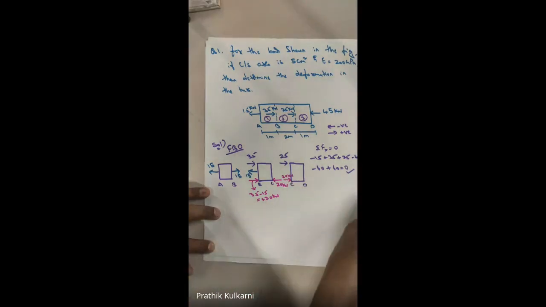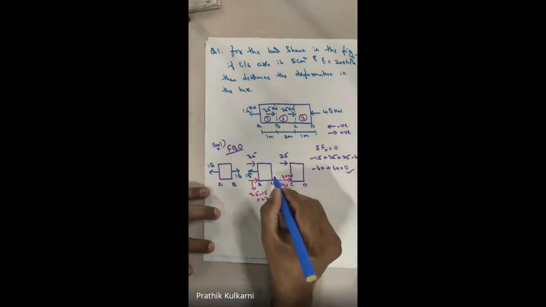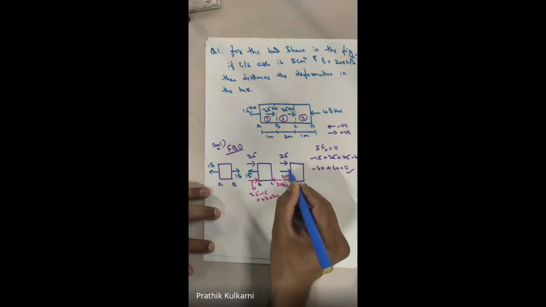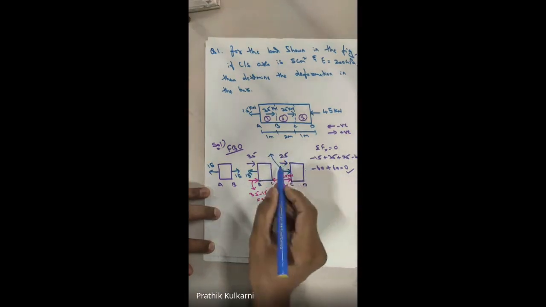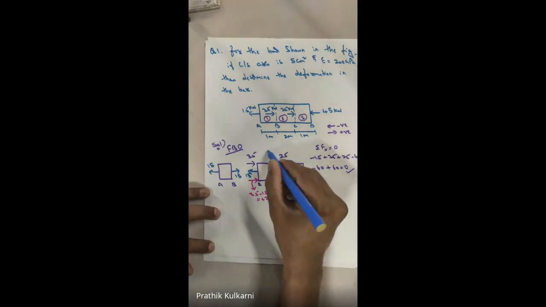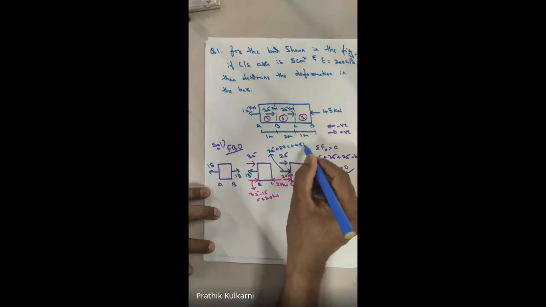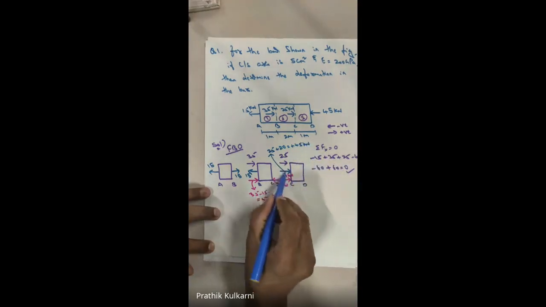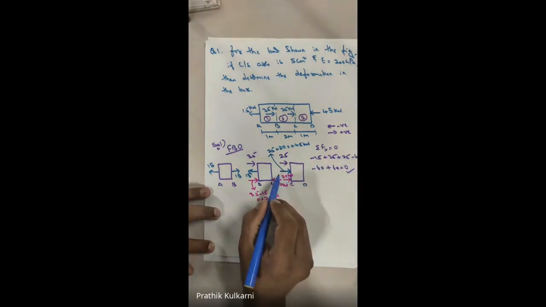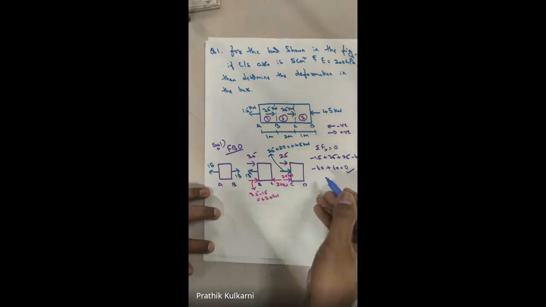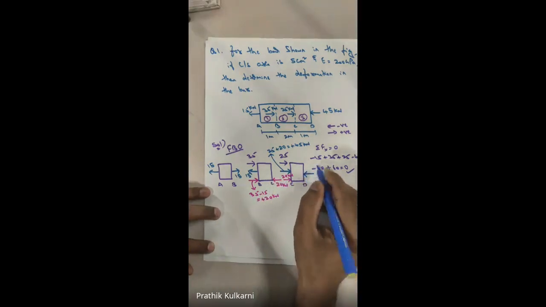Then what is the total load? This is also going towards right, this is also going towards right. So 25 plus 20 is plus 45 kilonewton. If this is 45 kilonewton, then to counteract here, already we have 45.